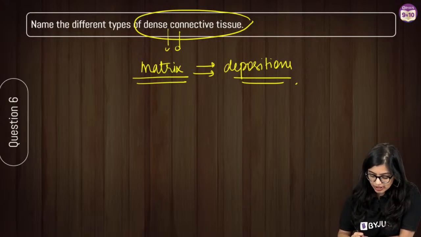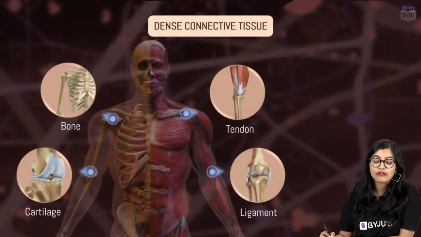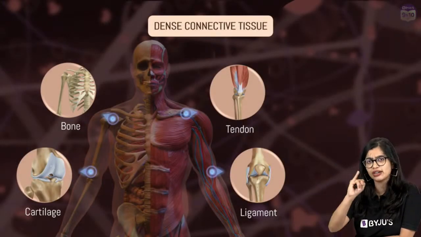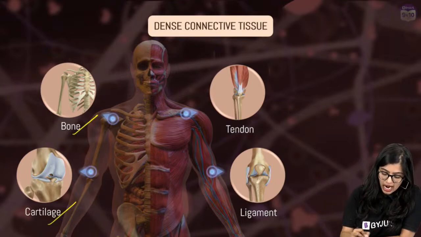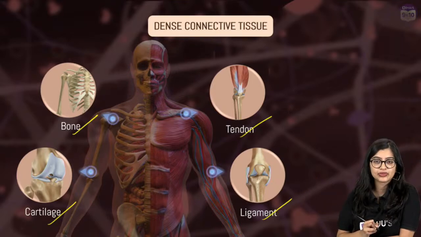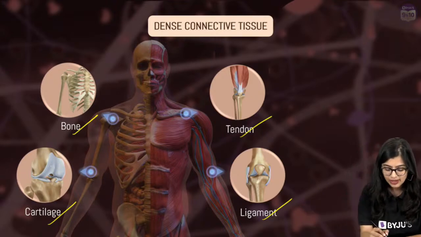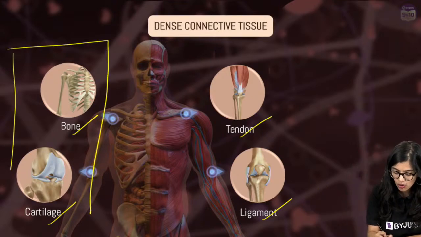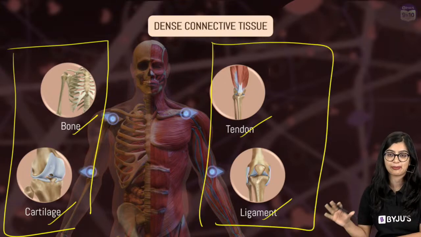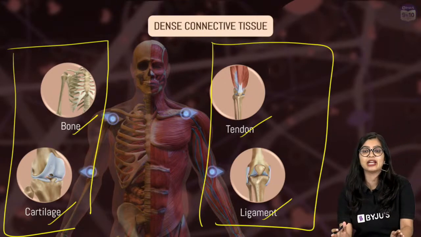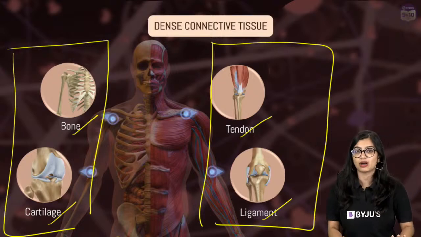So under this particular category, what do we find? We find your next 4. You learned adipose and areolar, easy peasy. Next up, we have bone, cartilage, tendon and ligament. Now when I teach this part, I would like to do it as bone plus cartilage and then I will do tendon and ligament separately, okay? So we will separate it out into 2 and 2 so that it becomes easy.